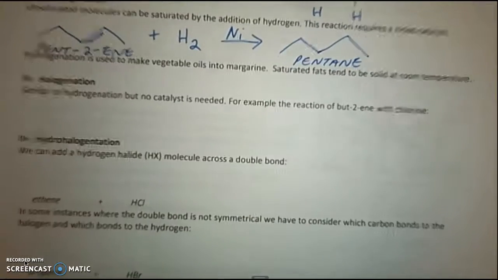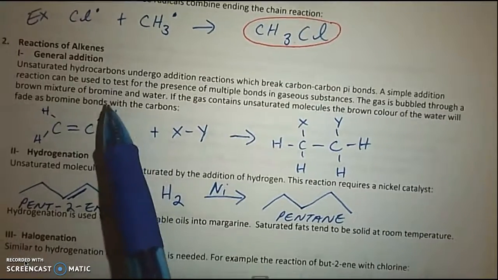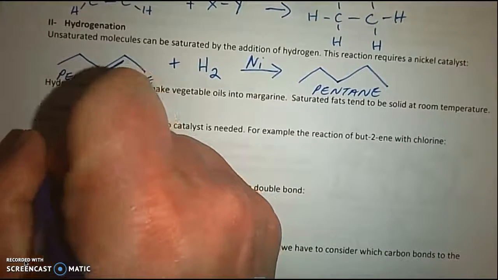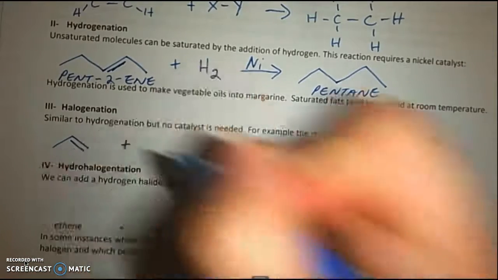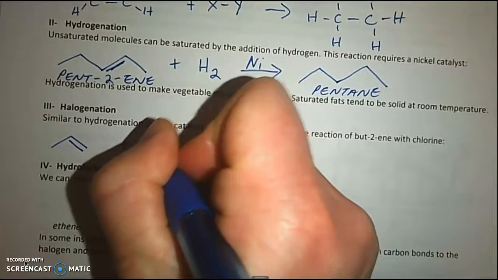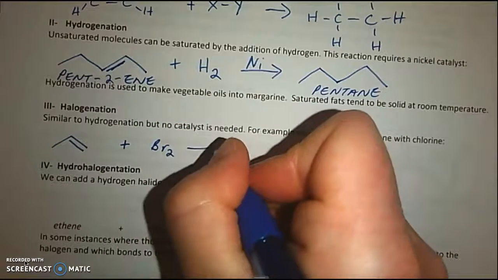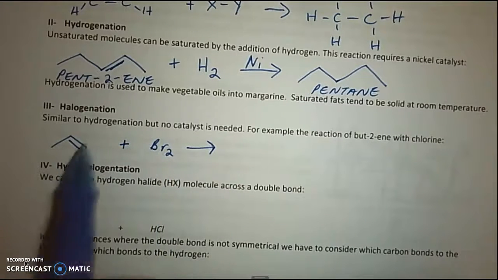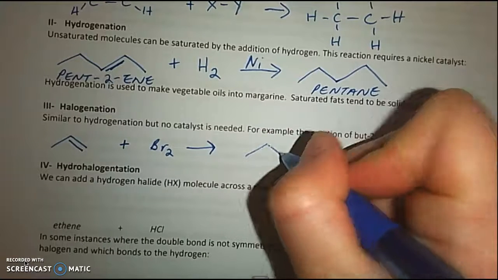Next example is called halogenation. So this is like what was described up here. If I have some alkene, say I have propene, and I bubble it through a mixture of bromine, which is water soluble, and water, without the need for a catalyst or anything, just the fact that the bromines have lots of electrons that they want to make bonds with new things, my bromine will add itself across that double bond.